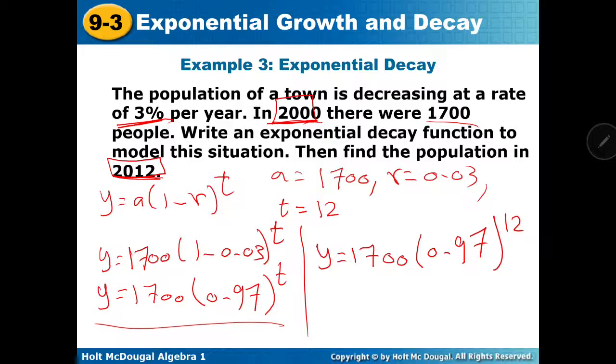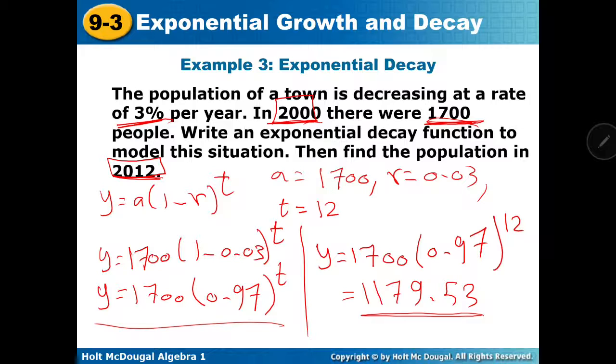Calculate it. Equals 1179.53. You have to notice that the final answer is less than the original quantity.